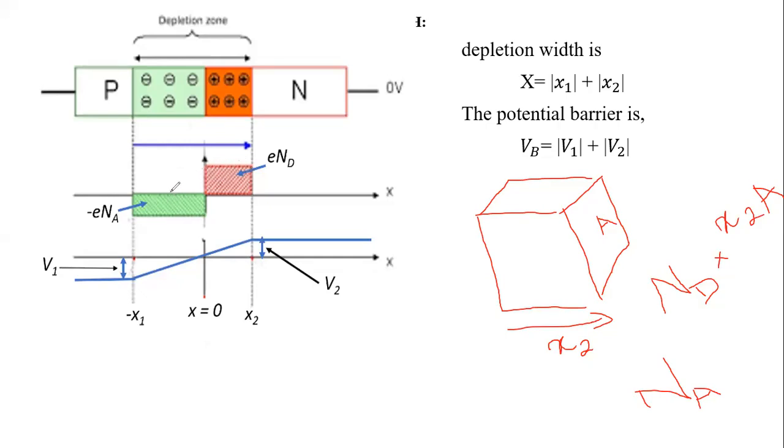Electrons from the n side migrate, diffuse, and donate their free electrons to the acceptor atoms on the p side, thereby forming negative ions on the p side and positive ions on the n side. Therefore, the amount of positive charge on the n side and the amount of negative charge on the p side will be equal. So these two quantities are equal.